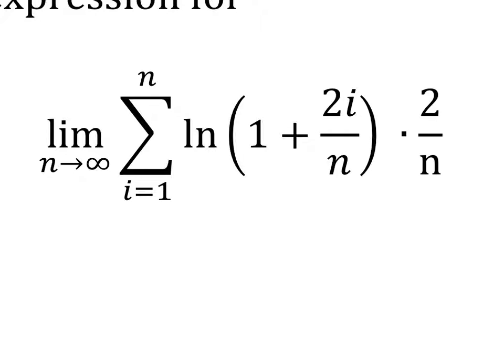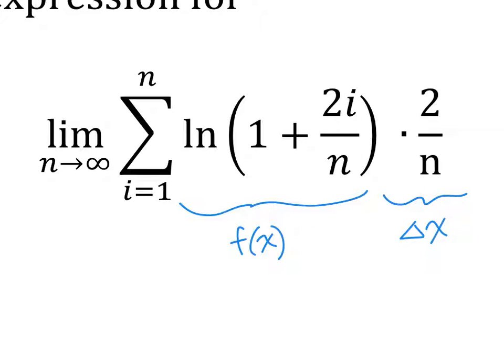Here's what you want to notice. This part, the really complicated part, is always the f of x. Whatever they multiply is always going to be the delta x, the dx. Notice that dx is repeated inside.